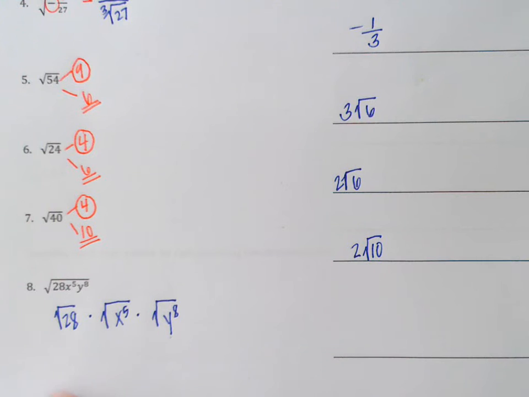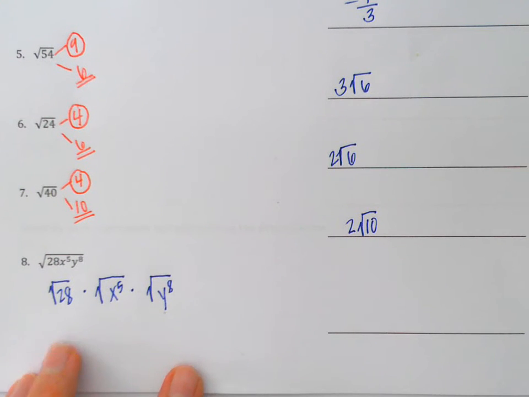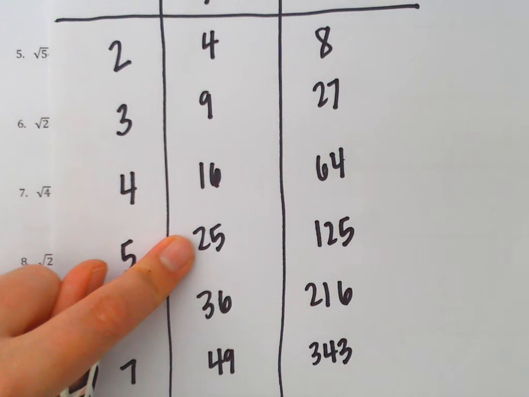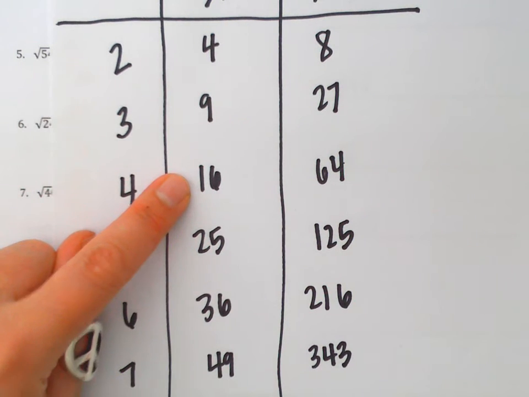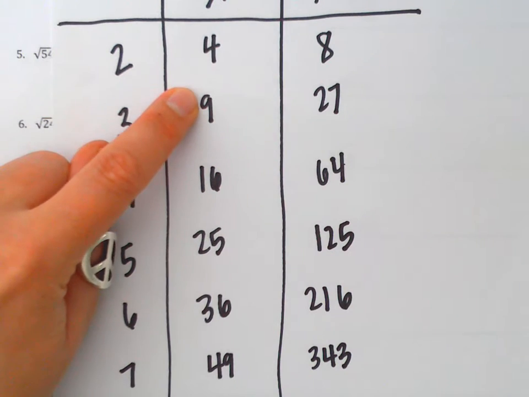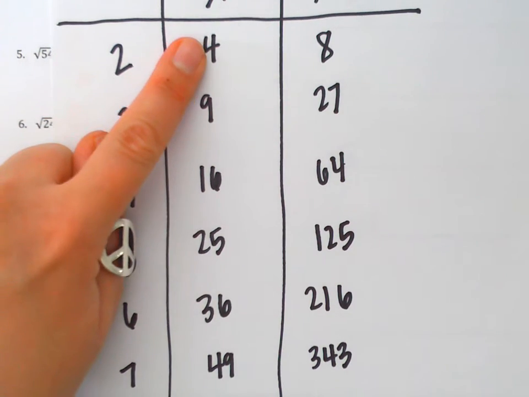So 28, I think about what's my perfect square that goes evenly into 28. You can do trial and error, divide by 25. We know 25 doesn't go into it. Divide by 16, that doesn't work. Divide by 9, that doesn't work. Divide by 4, that does.